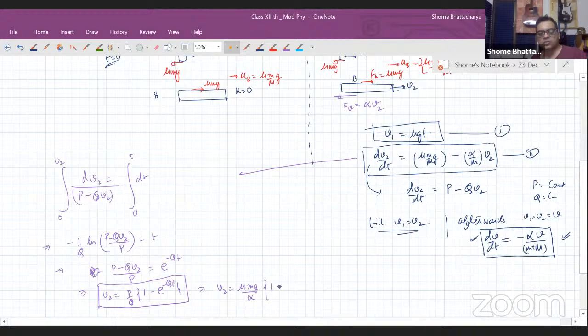Okay, into 1 minus e raised to the power minus q. This is what we are getting: v2 as a function of time, whereas v1 as a function of time is this.